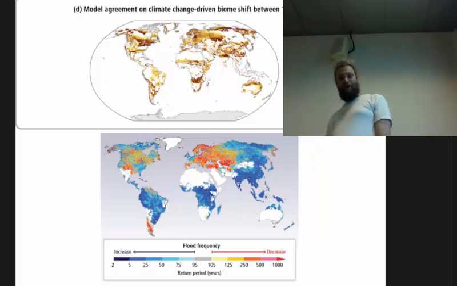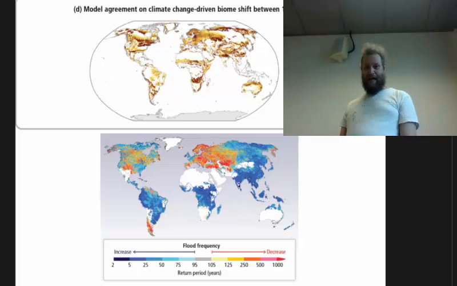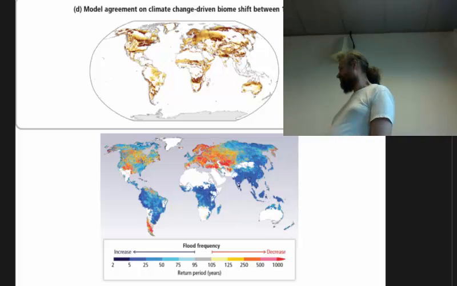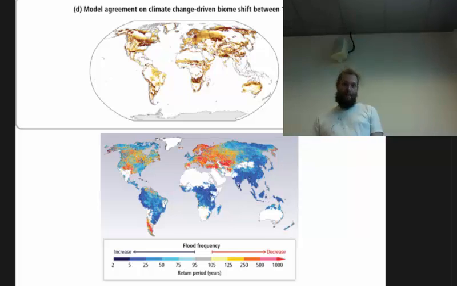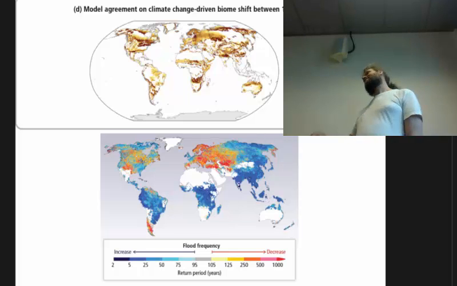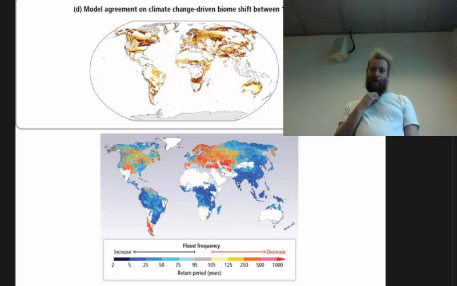In blue, you're looking at those areas where flood frequencies would increase. So essentially, the same floods, the same amount of water would come down the river more often. And then, of course, you have to either cope with the increased flood frequency, or you would have to raise your dikes or whatever protection you're using, and that is, of course, costly.